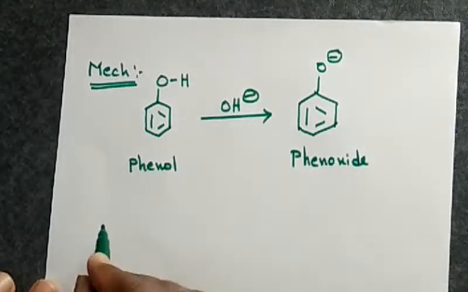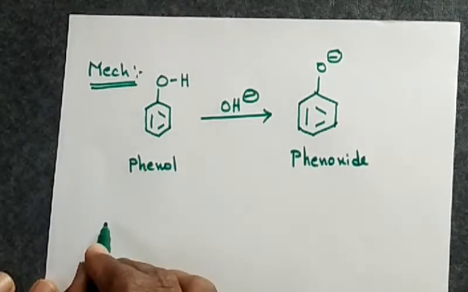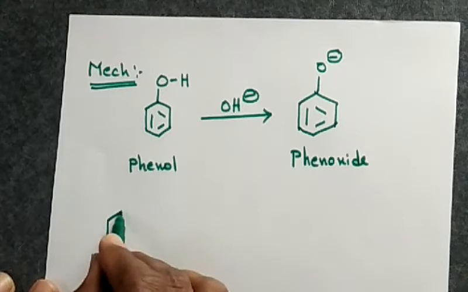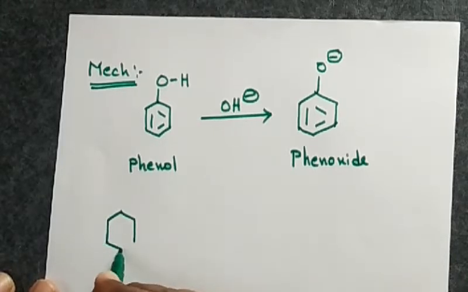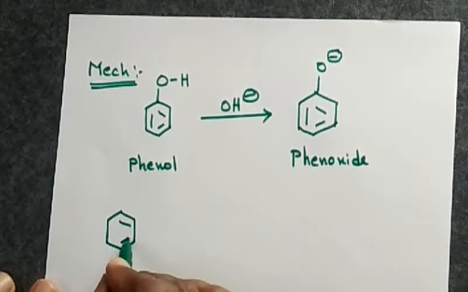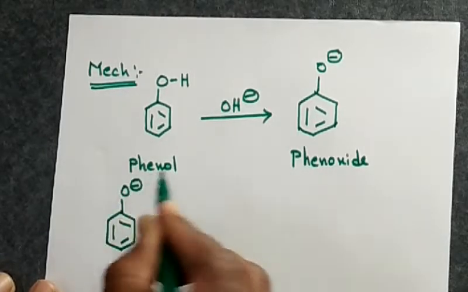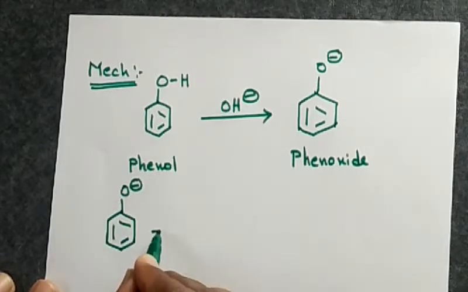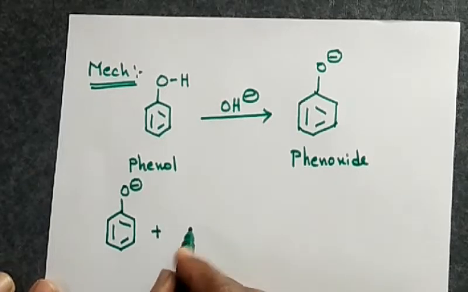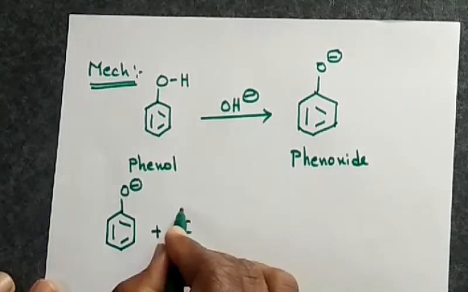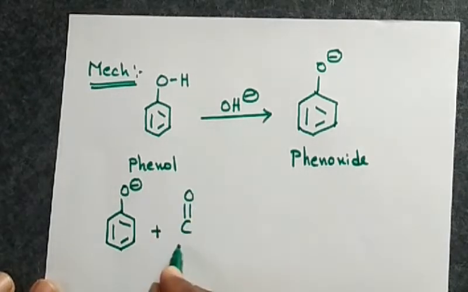Now this stable phenoxide ion is allowed to react with the carbon dioxide molecule, dear students. That is C double bond O, carbon dioxide molecule.